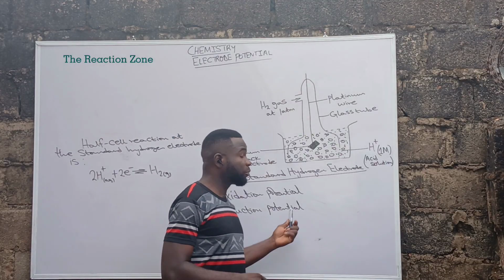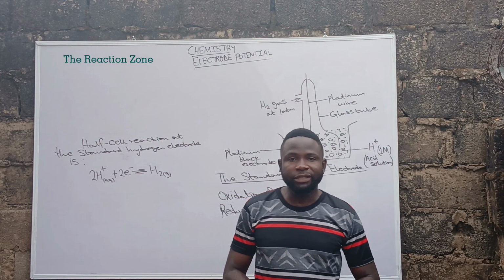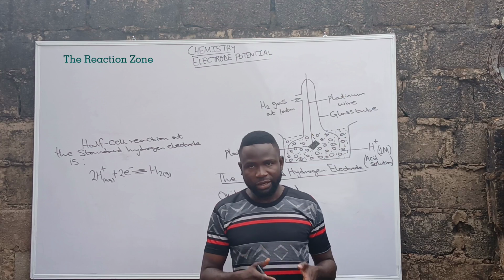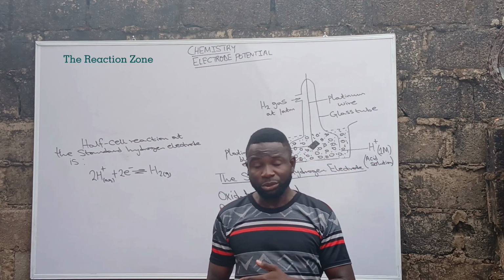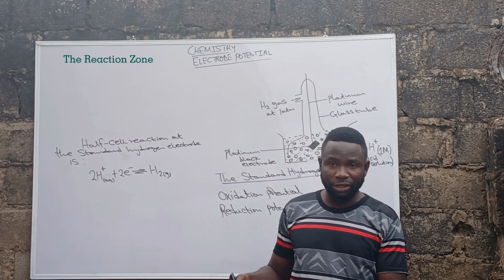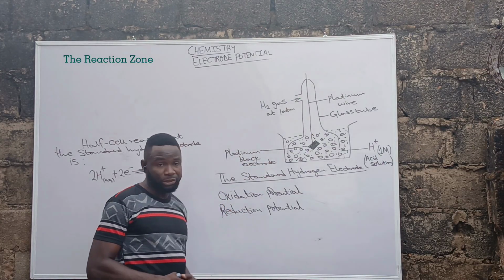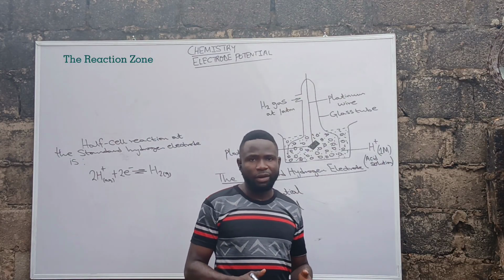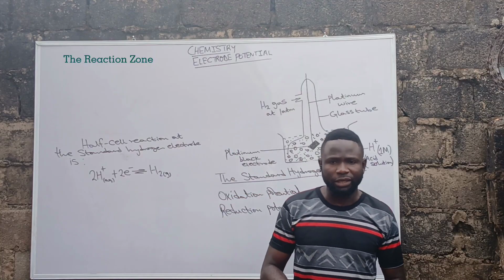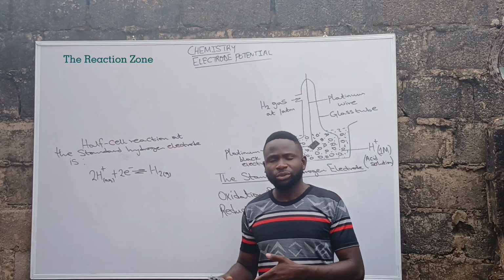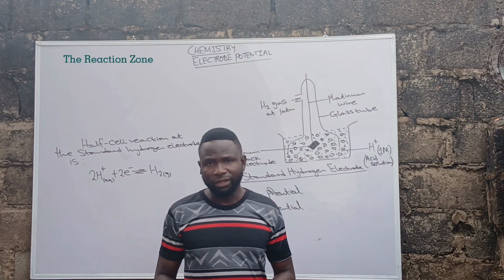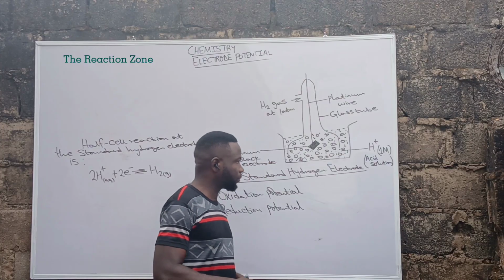When it is oxidation potential, the metal acquires a negative charge with respect to the solution that contains its ions. When it is reduction potential, the metal acquires a positive charge with respect to the solution that contains its ions.